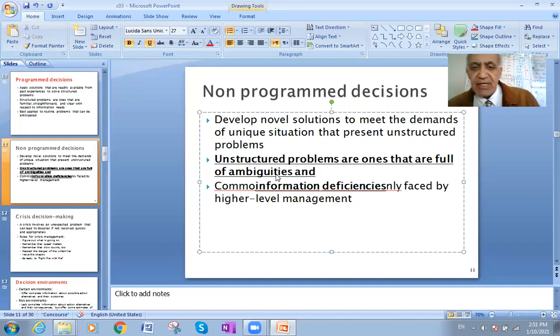So all this, unstructured problems, are full of ambiguity, and sometimes we lack information about non-programmed decisions. The information is insufficient to deal with this type of problem.